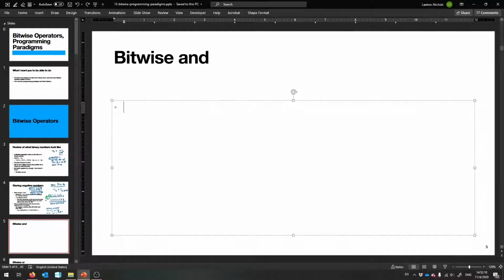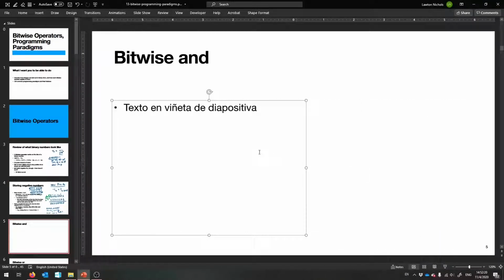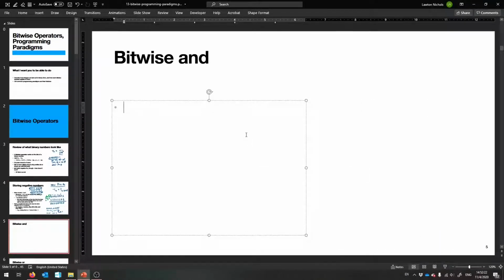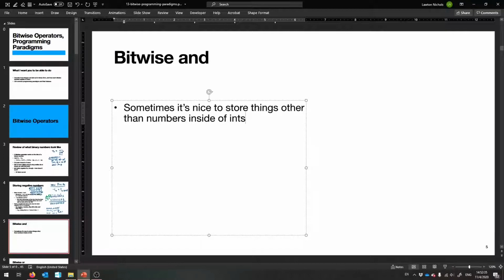Okay, so now let me switch gears a little bit. We've been using numbers to store numbers, but that is not always necessary. Inside of ints, you might want to store 32 Boolean variables, and save a whole lot of space that way.